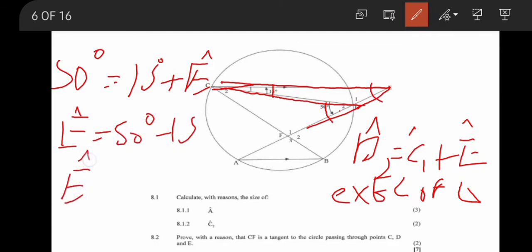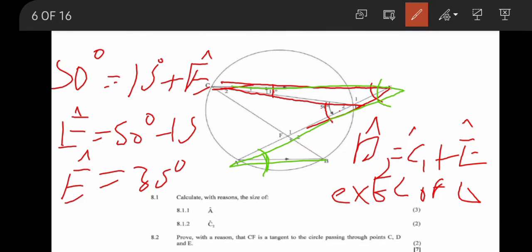Then my E is obviously going to be 35 degrees. But the question is not looking for E, I'm looking for A. Now that I've concluded that I have parallel lines, and here I have a Z forming, whatever I get for E will be the same value for A.